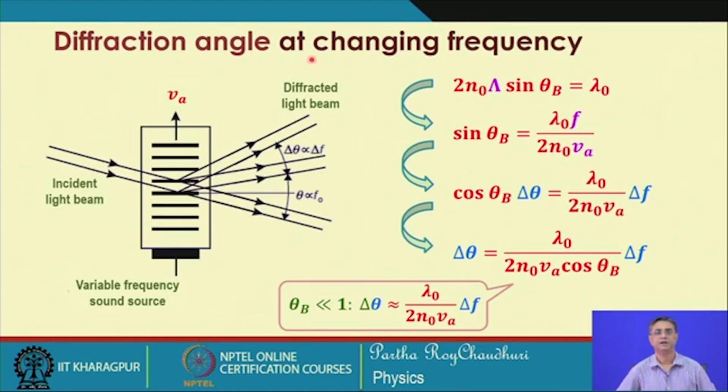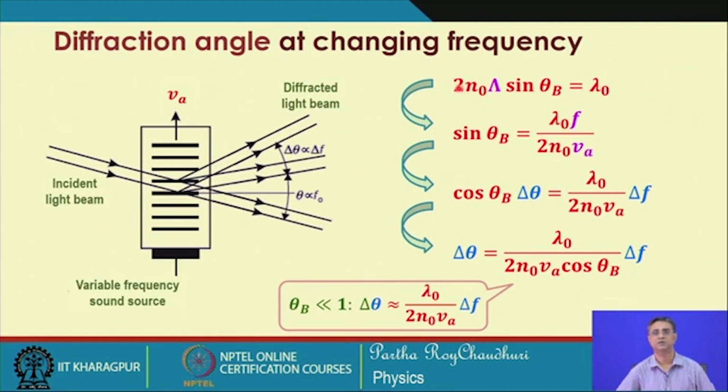Okay, diffraction angle at changing frequency: if I change the acoustic frequency while keeping the incidence angle the same, how this deflection angle will change, that relationship will actually decide the modulator as a Bragg deflector. So, from the starting point, this is the Bragg condition, 2 n 0 lambda sin theta b equal to lambda 0, n equal to 1.